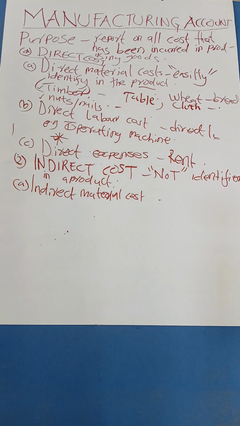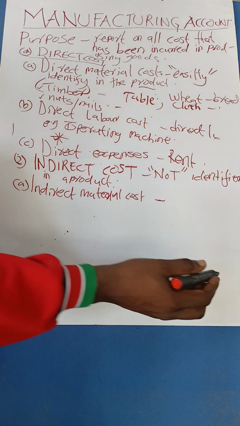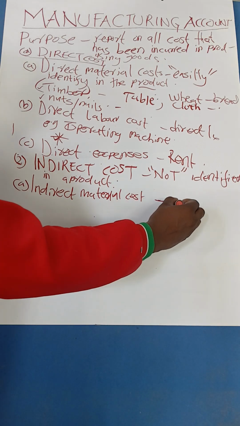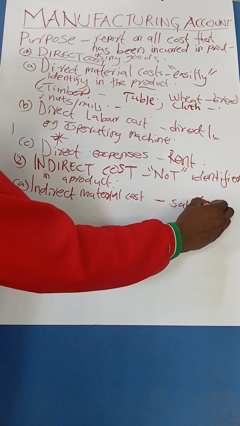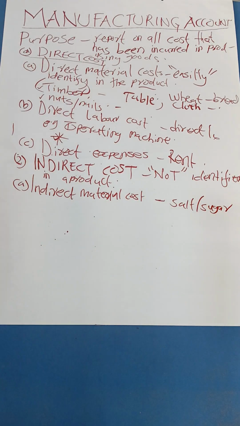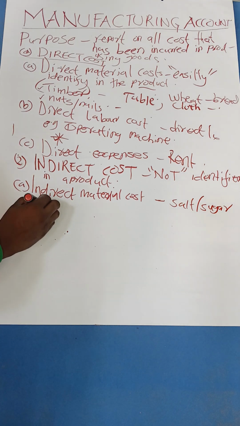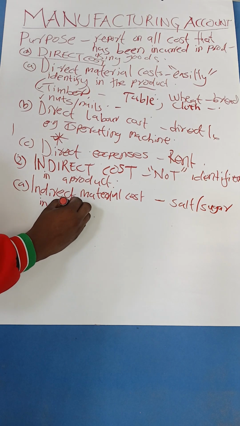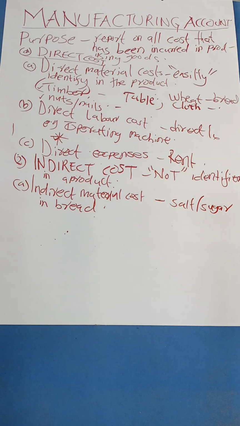And I used a very good example: salt and sugar in bread. You cannot easily identify this because when you see the final product, the bread we have produced, we cannot account for the salt or the sugar that is in that one piece of bread. We cannot tell.